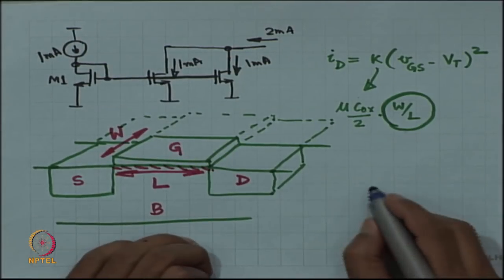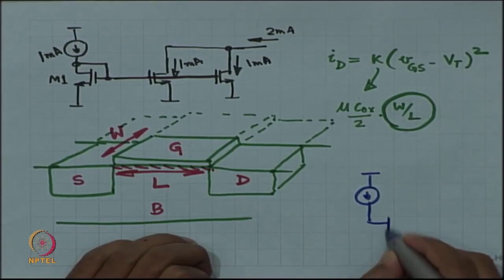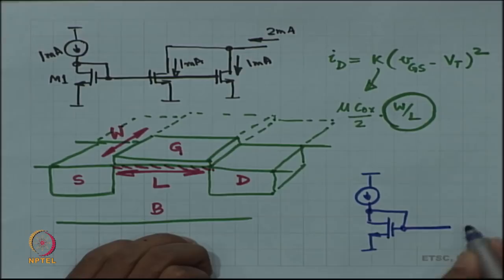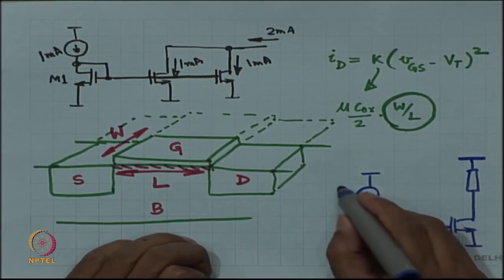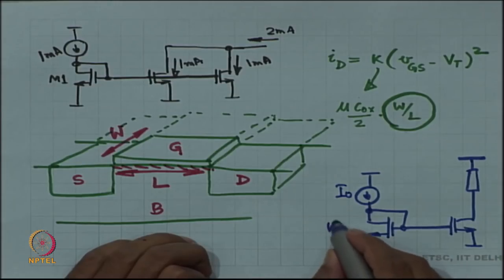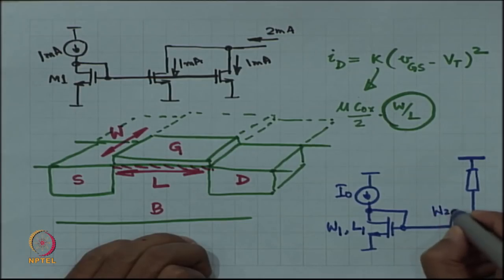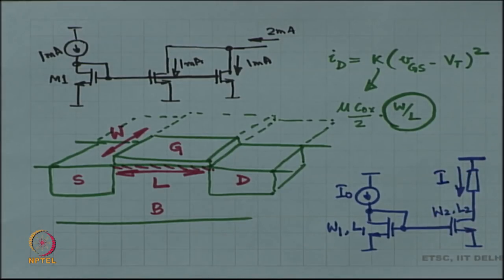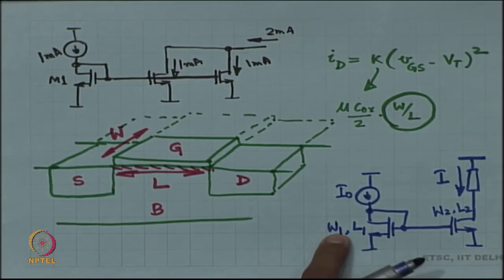So, effectively what you could do is, if this is I 0 and this has W 1 and L 1, and if the second device has W 2 and L 2, then this current is going to be proportional to W 2 by W 1.